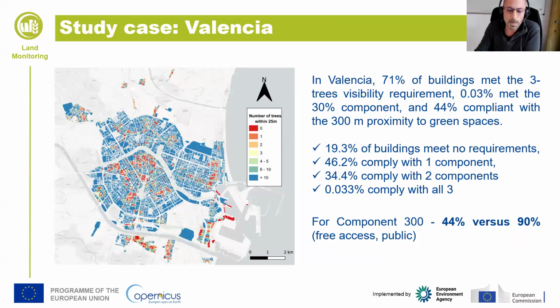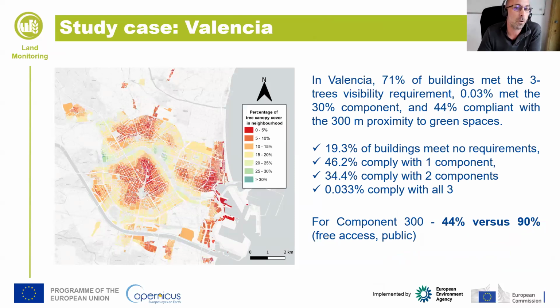In the case of Valencia in Spain, 71% of buildings met component 3, 44% of buildings are compliant with component 300, and only 0.03% of buildings are compliant with component 30. At the end, almost 20% of buildings met no components, and almost 0% are compliant with all components.